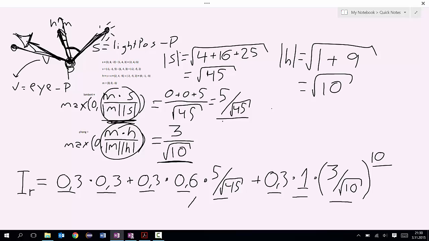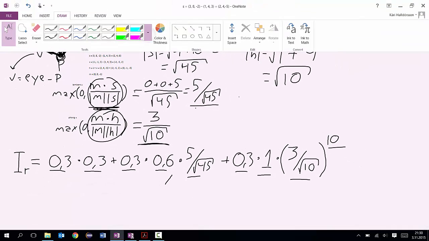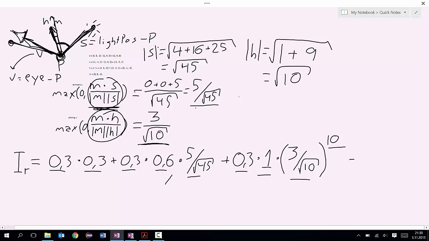So now I simply just have to calculate this and end with an answer here. And then we have to do the same thing for green and blue.